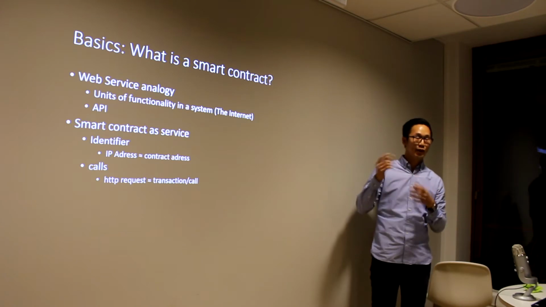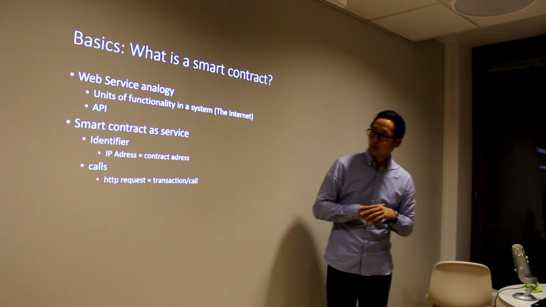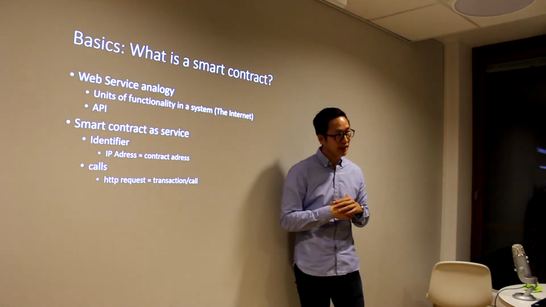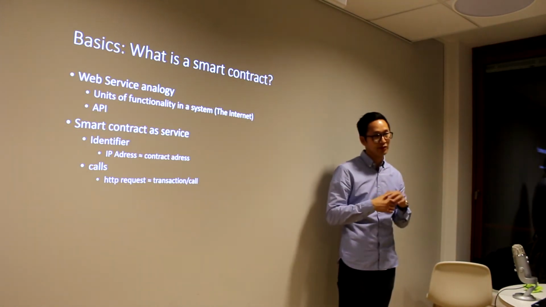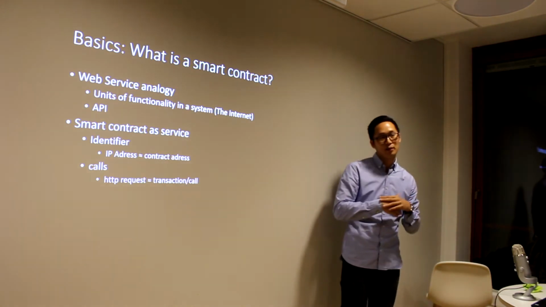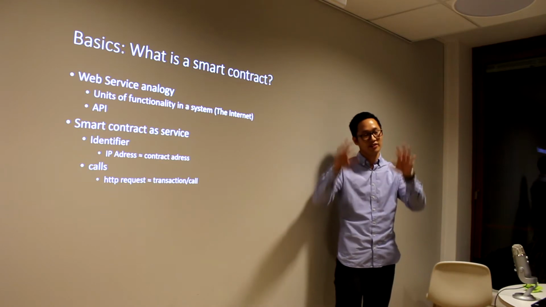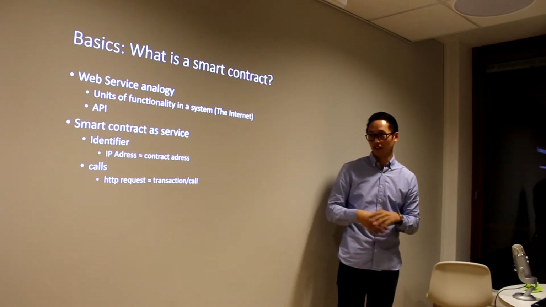If you add 0x, it is 42 characters. And then you can do calls. You can do HTTP requests using the HTTP protocol to a web service. But if you look at smart contracts, you do transactions to the smart contracts, calls.